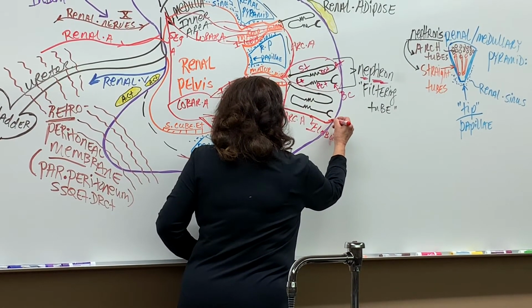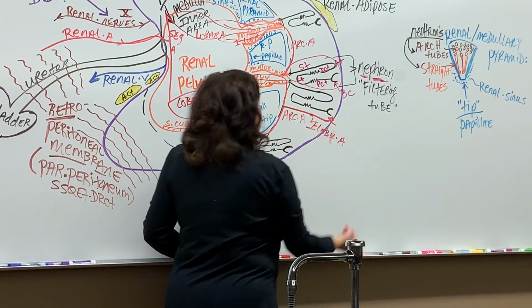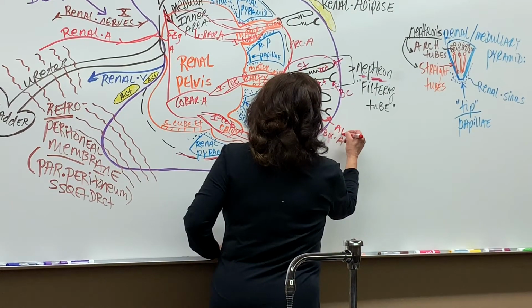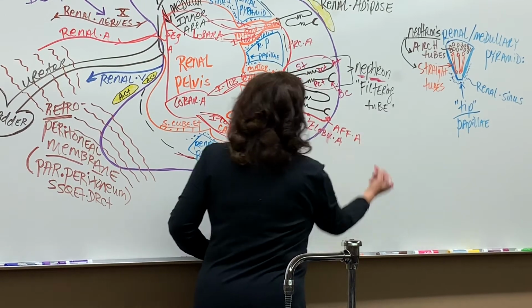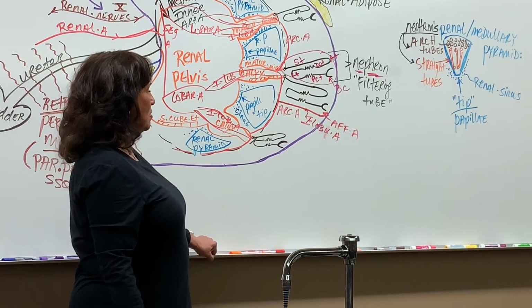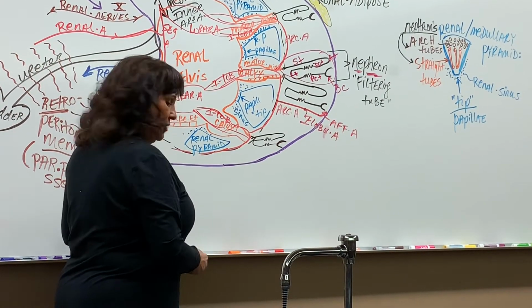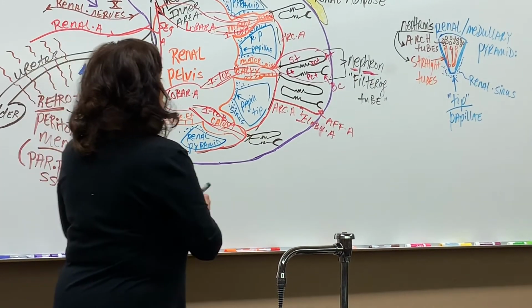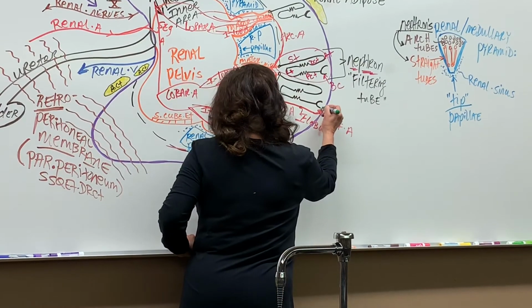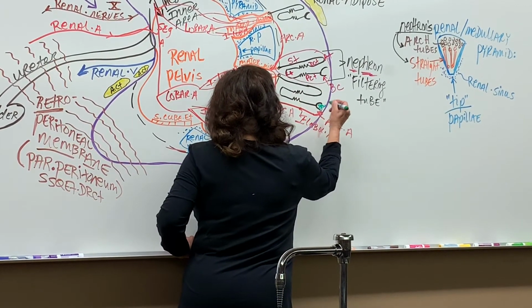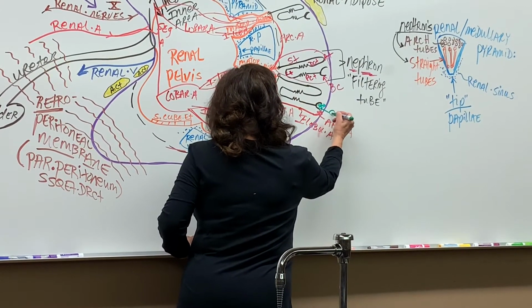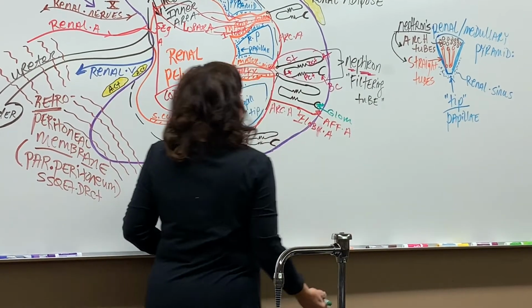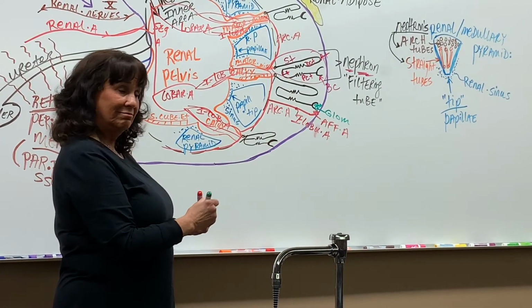When it turns, it's the afferent arteriole. And then it's going to become a glomerulus, a twisted capillary. The twisted capillary is going to sit in here, like that. That's the glom, right there.